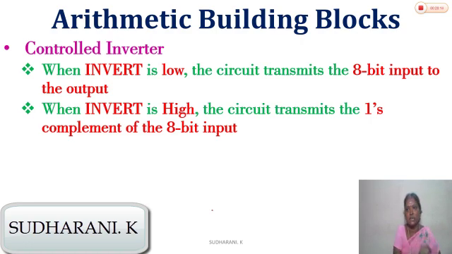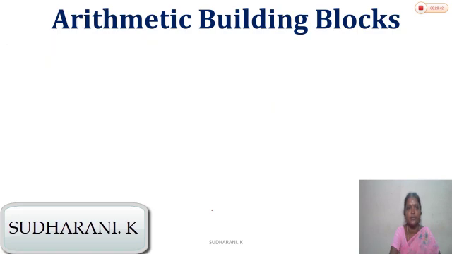If the control signal invert is low, then the circuit transmits the input to the output. So there is no change in the input and the input is available at the output. When this control signal invert is high, the circuit will transmit the ones complement of the input.